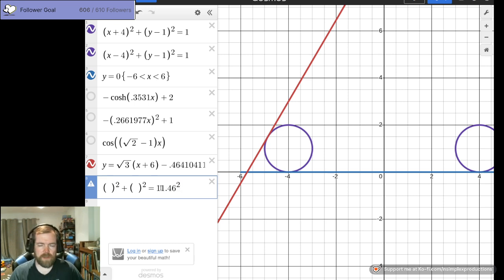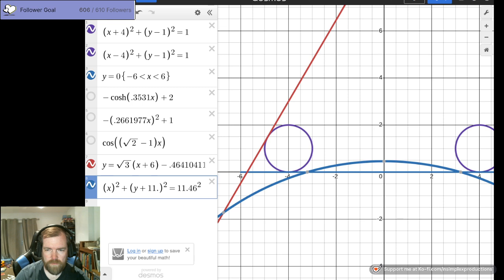So that's approximately what we're going to get. This is just x squared, and this is going to be y plus 11.46.